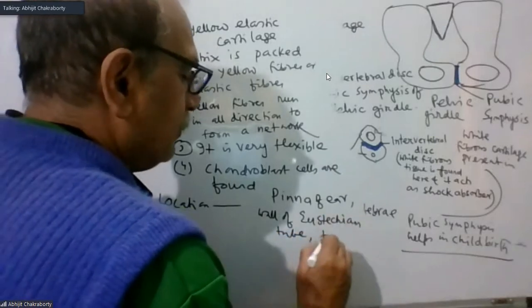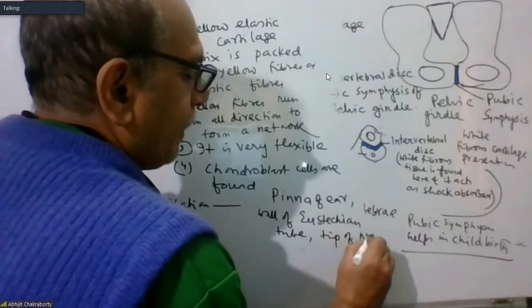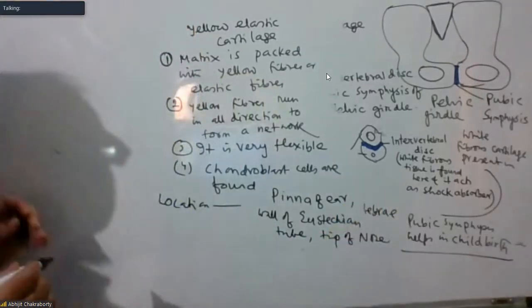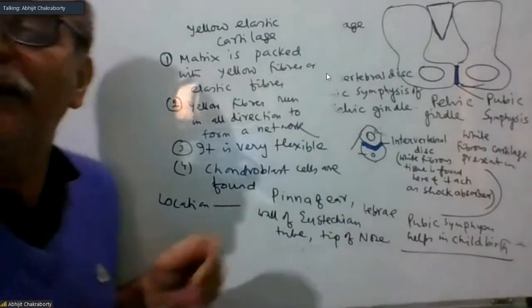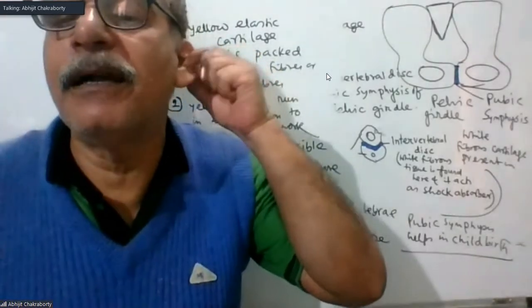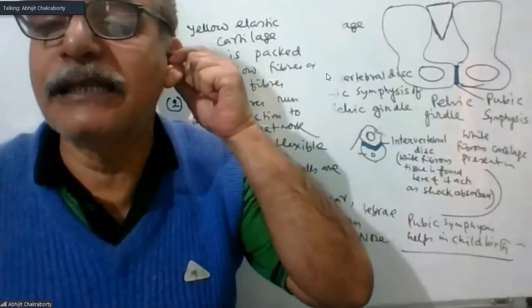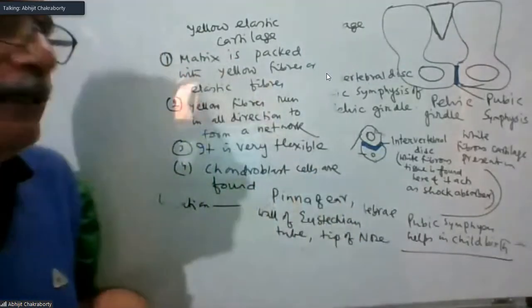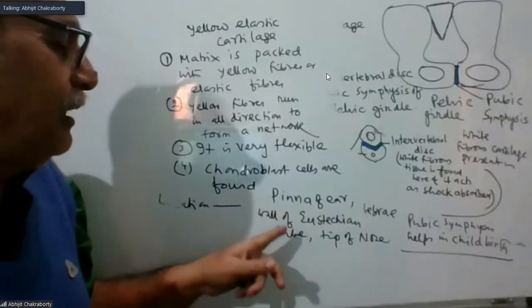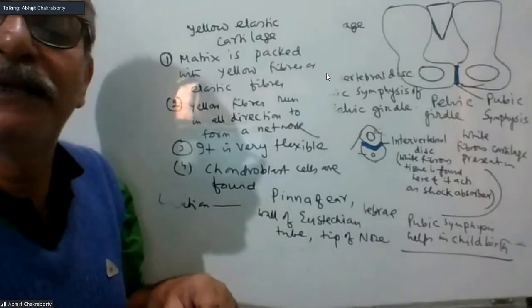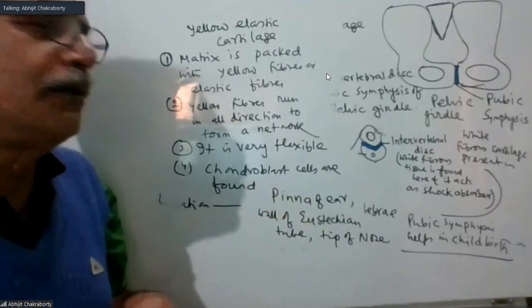Tip of nose. Pinna of ear means this part. You see, this is the part. This is actually highly elastic. This is the yellow elastic cartilage. Then you will get it in the tip of nose and also the wall of eustachian tube.